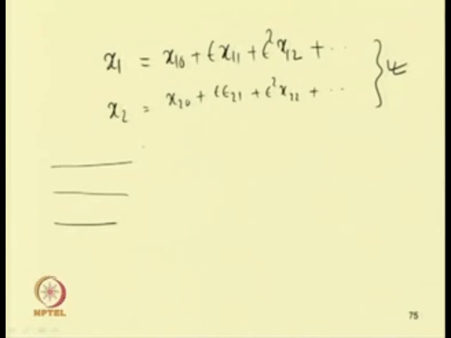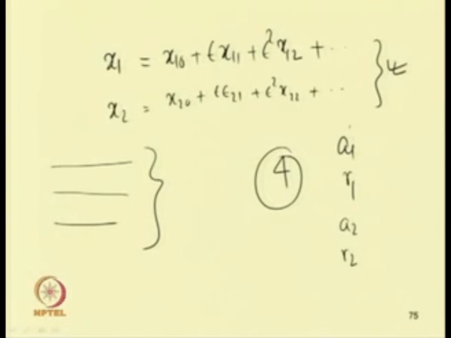From these equations we can get the reduced equations. In this case we will have 4 reduced equations: one in terms of A1, another in terms of gamma 1, then A2 and gamma 2. So, we will have the equations A1 dash, gamma 1 dash, A2 dash and gamma 2 dash.